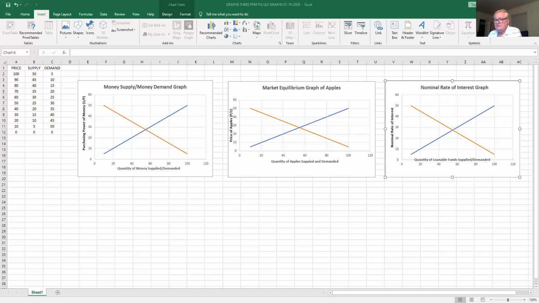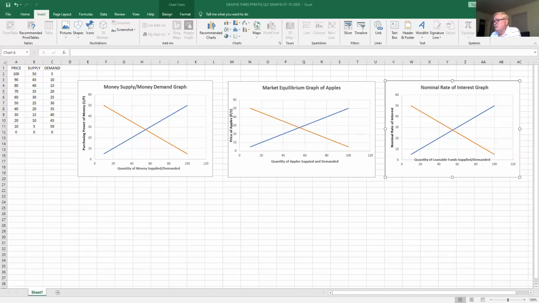And this is consistent with our finding in the first graph, the money supply, money demand graph, of purchasing power of money increasing. If 1/P is increasing, then P assuredly must decrease. And that's exactly what we have shown in the second graph.